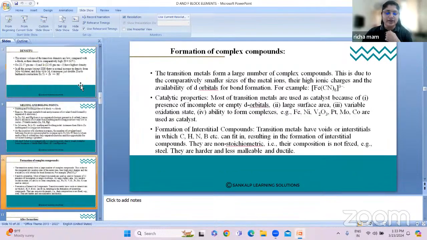Then we had seen the general properties like the electronic configuration. Then we have discussed the ionization enthalpy, oxidation state, then magnetic property, and then formation of colored ions. So today we are going to discuss the formation of complex compounds.